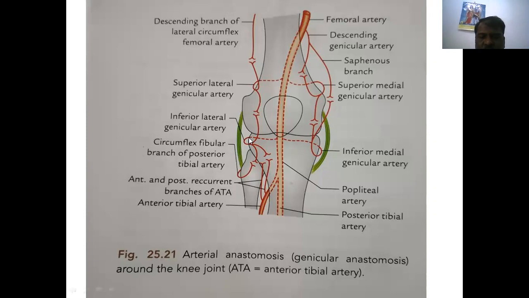Here the inferior lateral genicular branch anastomoses with the anterior tibial branch. These are the five genicular branches anastomosing with each other and supplying the knee joint.